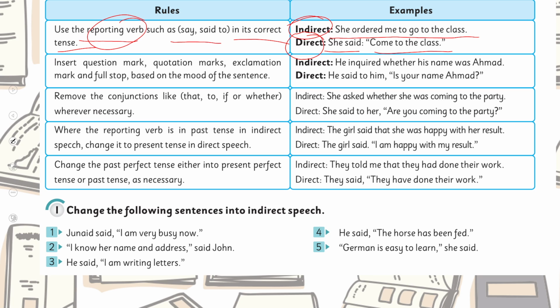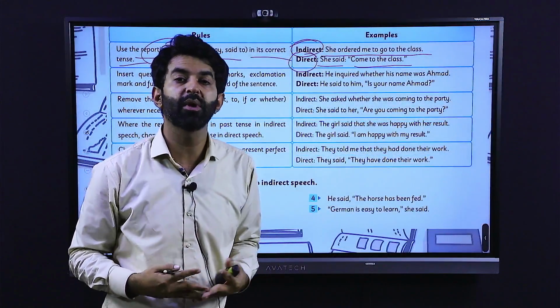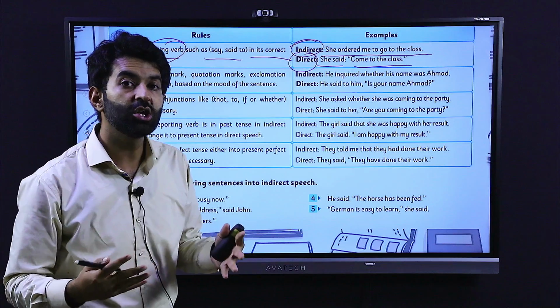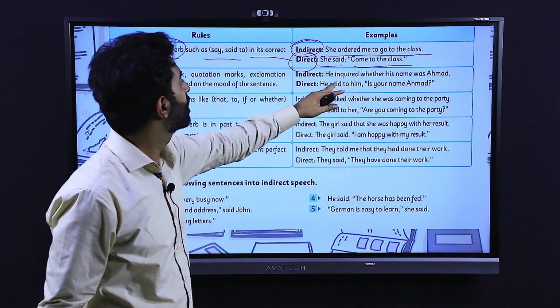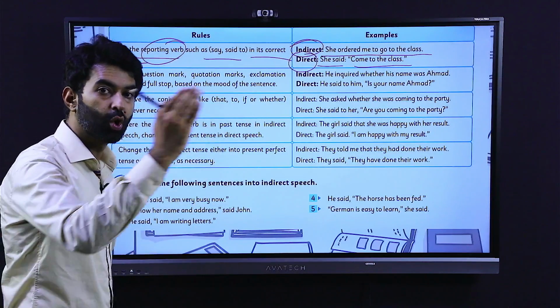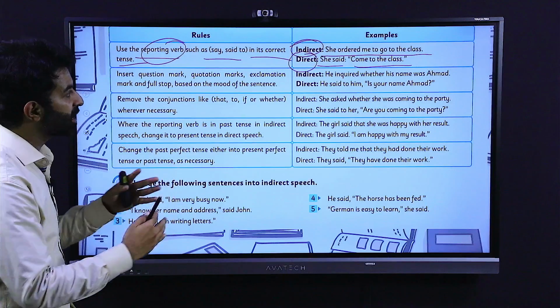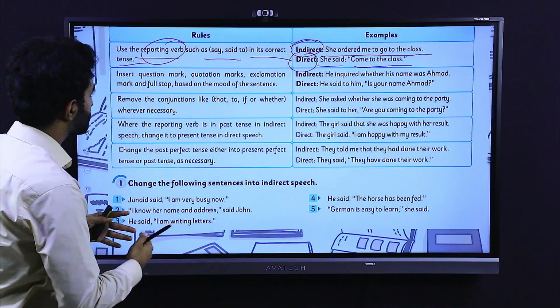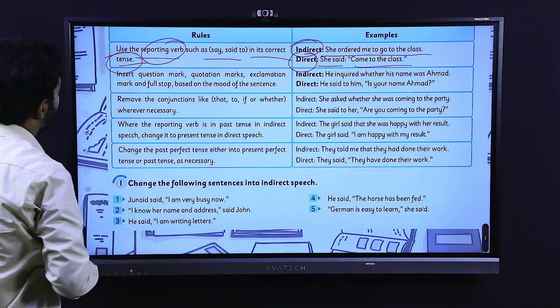Now, asking somebody to come to the class is just like an order. Maybe it is given by our teacher. So we will say, she ordered me to go to the class. Not come to the class, but go to the class. So it will change according to the tense, in its correct tense.